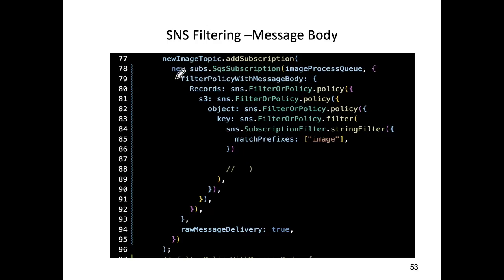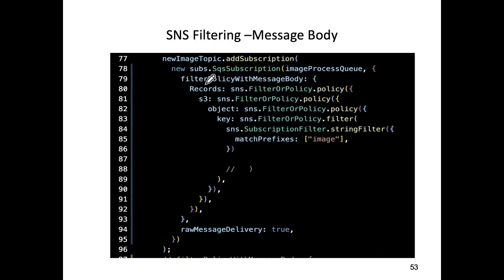And in particular, I'm adding this one. This is the option where you describe message body based filtering. It was a different property when we were talking about attribute based filtering.